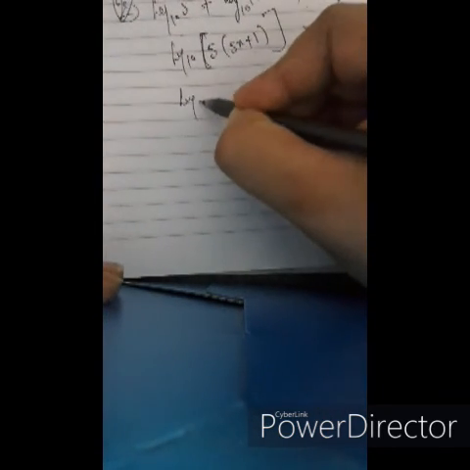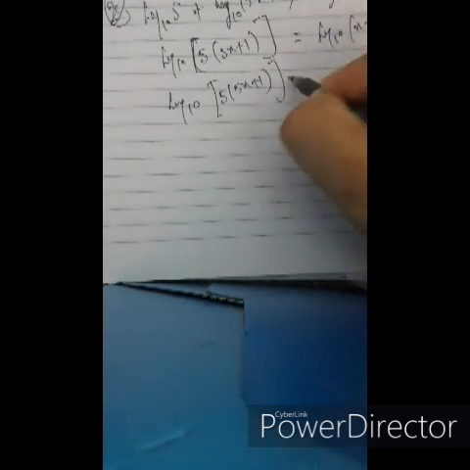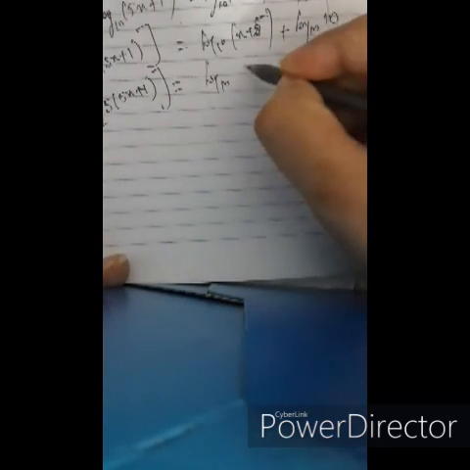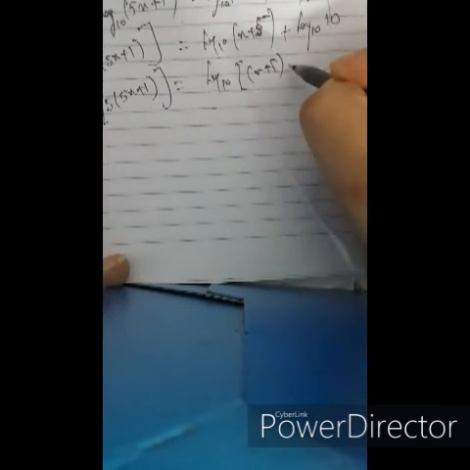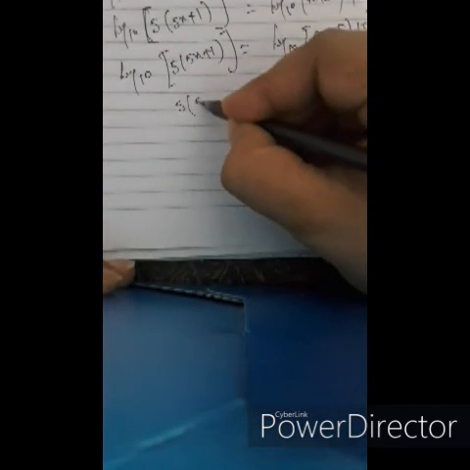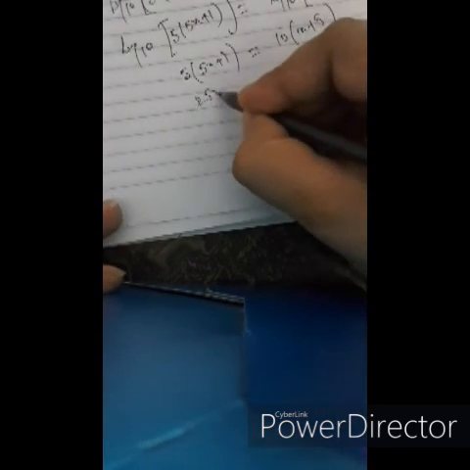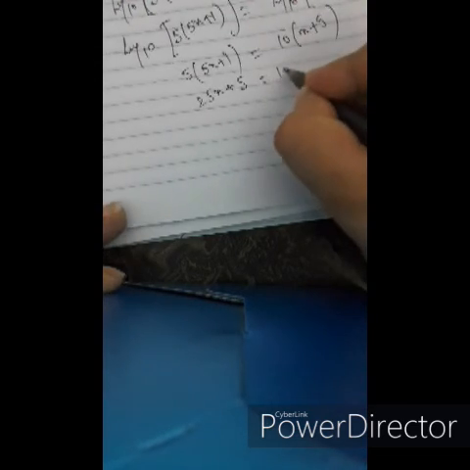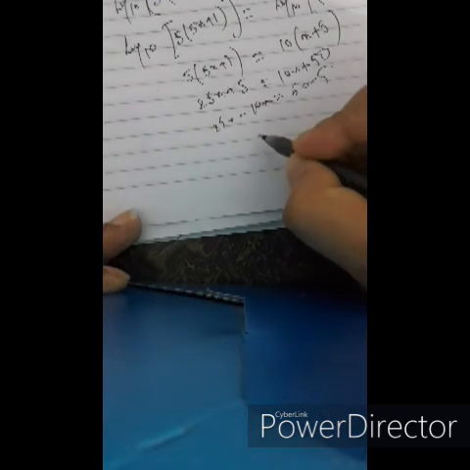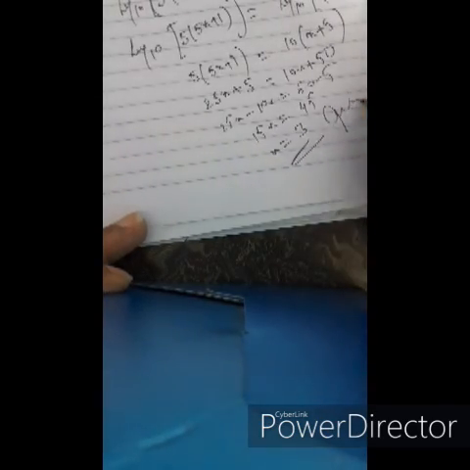Now solving, log 10 5x plus 1 equals, we'll put it directly in the formula, log 10 x plus 5 into 10. So log 10 common, so 5 into 5x plus 1 equals 10 into x plus 5, 25x plus 5 equals 10x plus 50, 25x minus 10x equals 50 minus 5, becomes 15x equals 45, x equals 3. That's the answer.